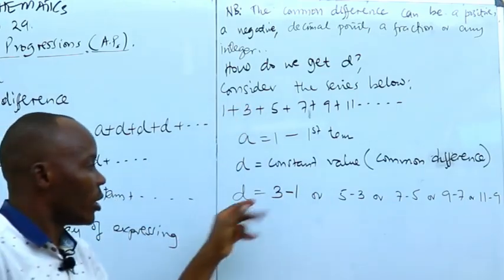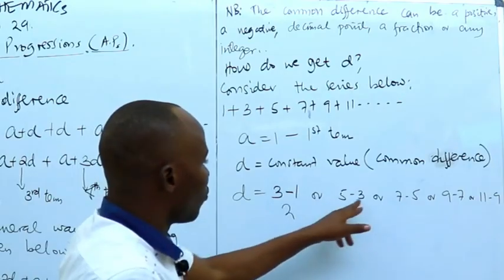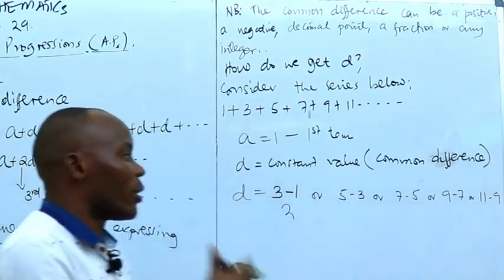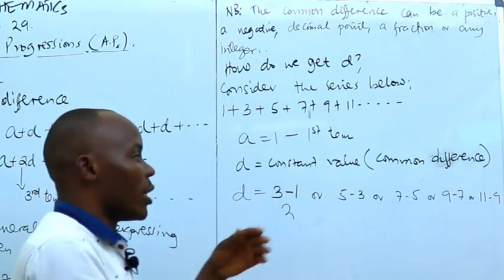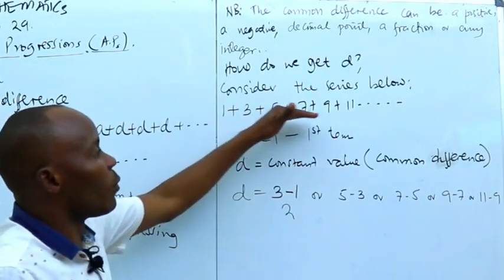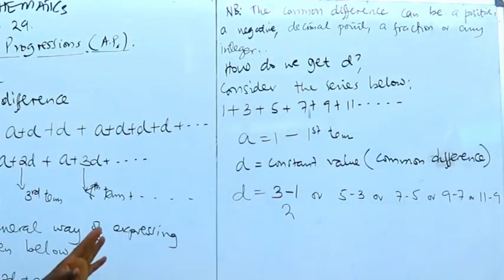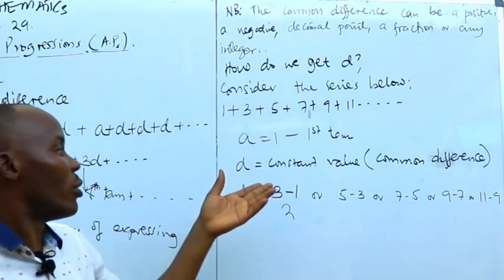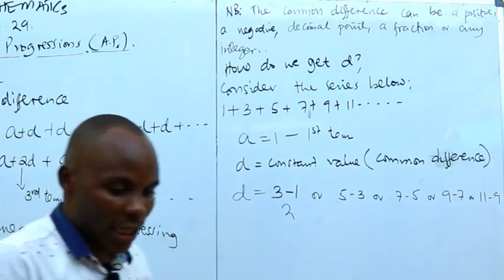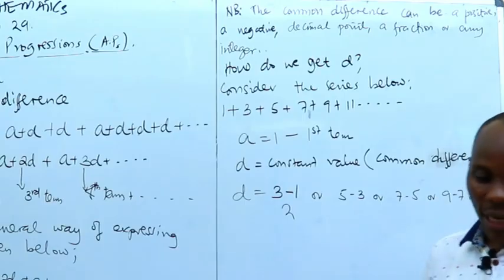As you see, 3 minus 1 will give you 2, 5 minus 3 will give you 2, 7 minus 5 will give you 2, 9 minus 7 will give you 2. I'm using terms that are following each other. Don't pick on each and every term if you're interested in getting a D.